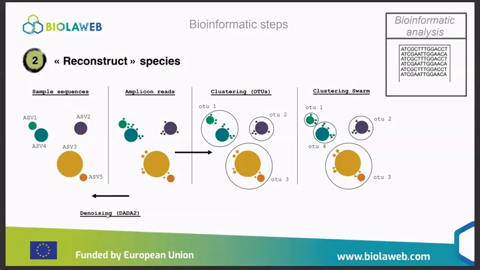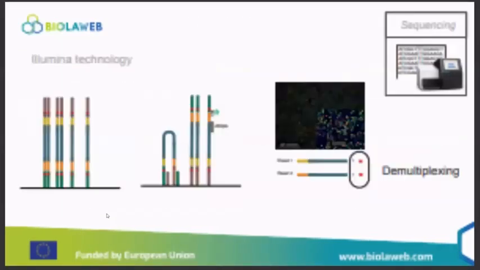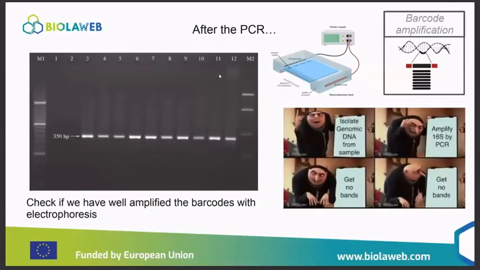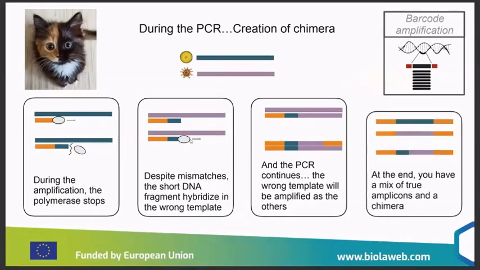It's during the PCR, if we go back. It's when the DNA polymerase stops for some reason, and this little part that stopped, where you stop the amplification, can hybridize to the wrong template of another species.